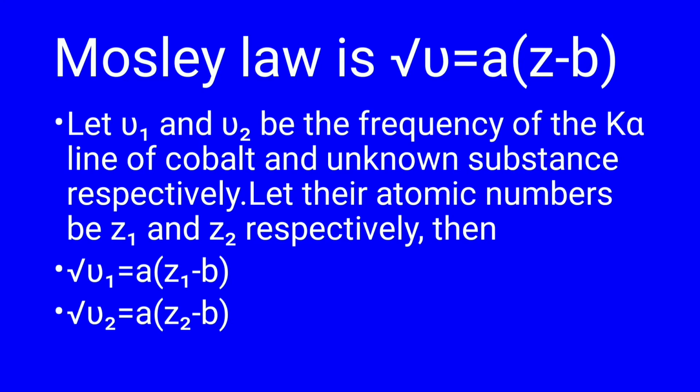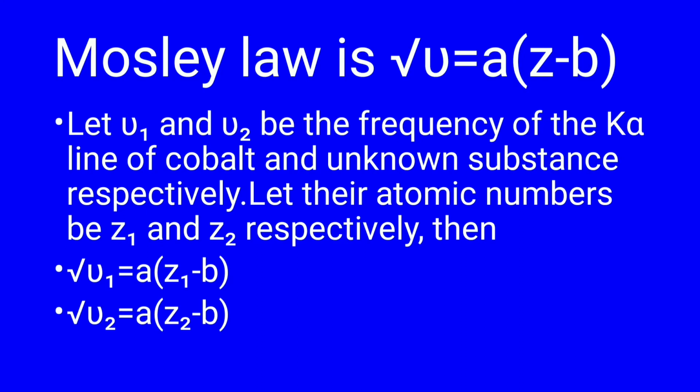We know that Moseley's law is square root of nu equal to A into Z minus B. Let nu1 and nu2 be the frequency of the K-alpha line of cobalt and unknown substance respectively. Let their atomic numbers be Z1 and Z2 respectively.